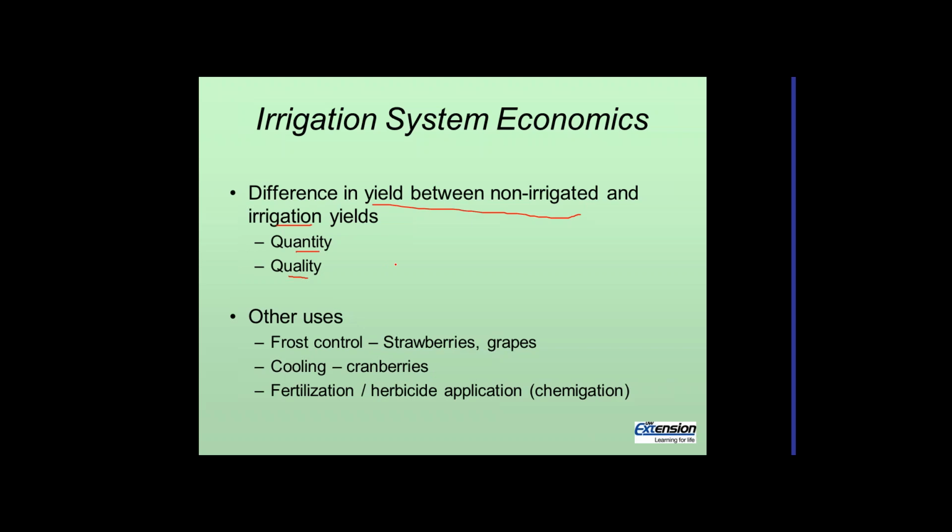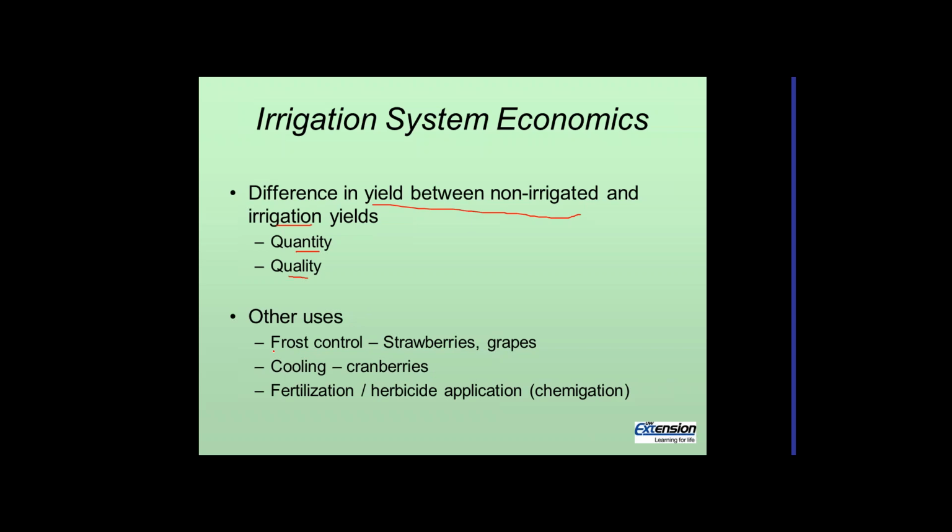In something like potatoes, there's going to be a big quality difference. In something like corn, there may or may not be as much of a quality difference. It may be kernel size difference, but that has to pay for that $1,000 an acre cost for the irrigation system, plus the energy costs to operate it and apply the water.